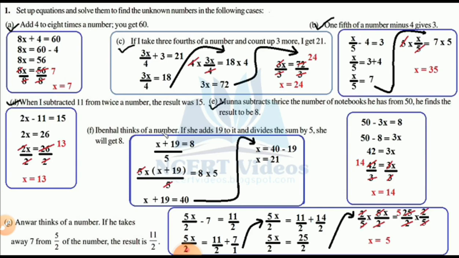F. Try to understand yourself. I will not explain these questions now. It is very easy. x plus 19 divided by 5 is equal to 8. First, multiply both the sides by 5 because I want to remove the divide by 5.